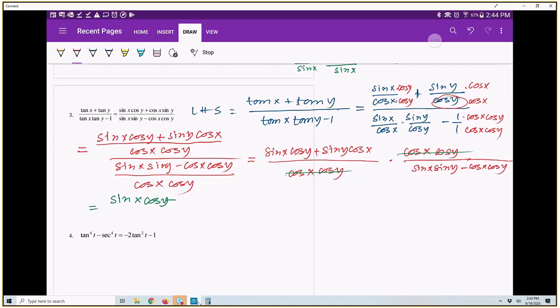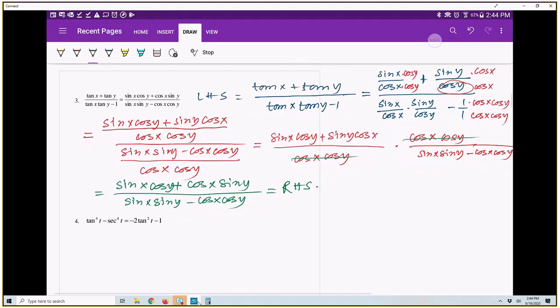So plus, then you have sine y cosine x, but I can write it as cosine x sine y, over the bottom is sine x sine y minus cosine x cosine y. And that is exactly the right-hand side I wanted to arrive at. So that establishes my trigonometric identity.